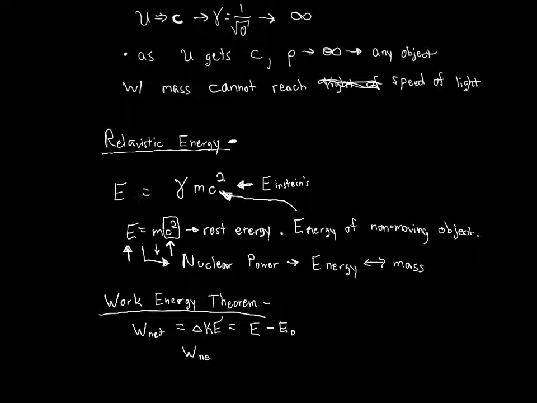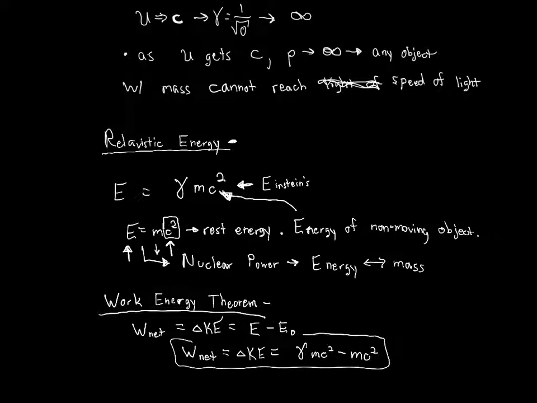So, according to relativistic energy theory, W net is equal to change in KE, which is equal to gamma times mc squared, this Lorentz factor times mc squared, minus mc squared. So this will allow us to calculate energy relativistically of something like light. It can get a bit more complicated than this, but we're just interested in the basics for the purposes of this one.